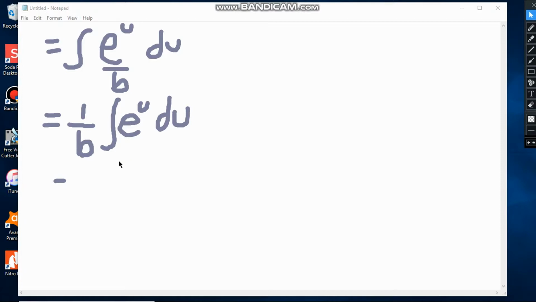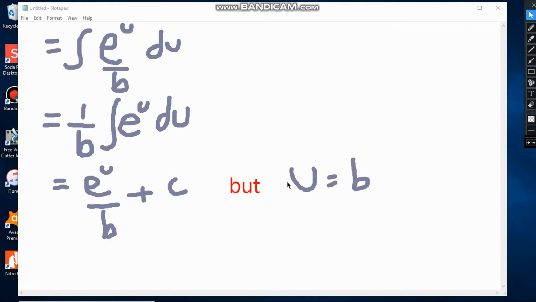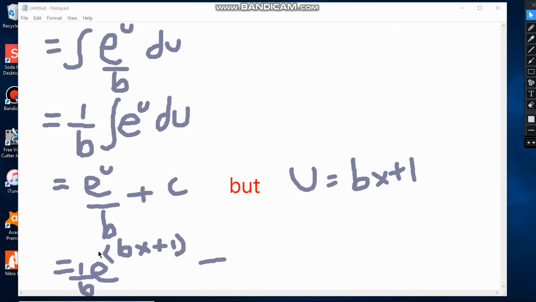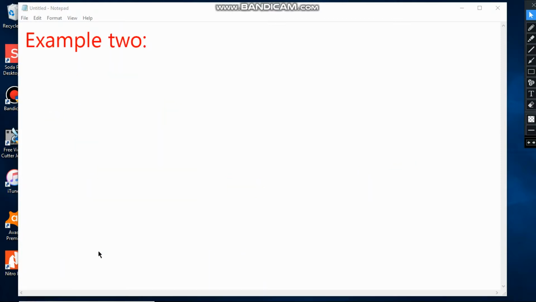So we have e raised to u divided by b plus a constant. The value of u is equal to bx plus 1. When you substitute back, you get e raised to bx plus 1 over b plus c.